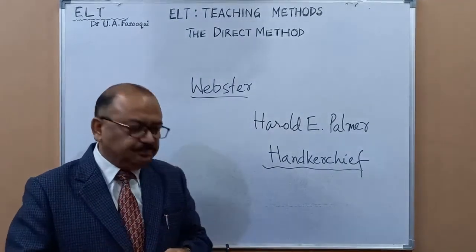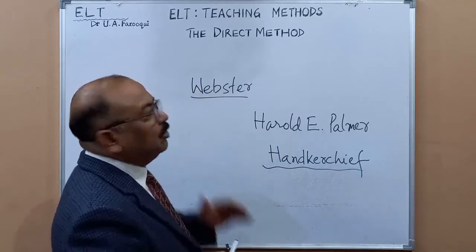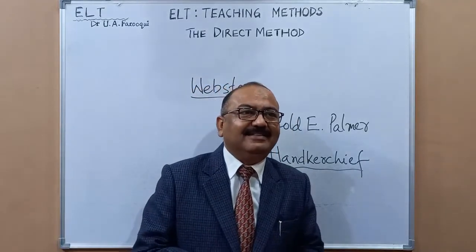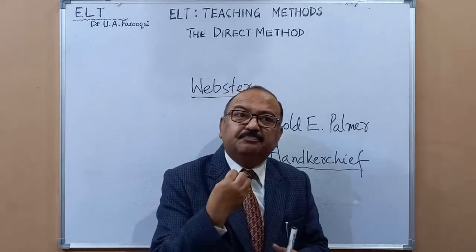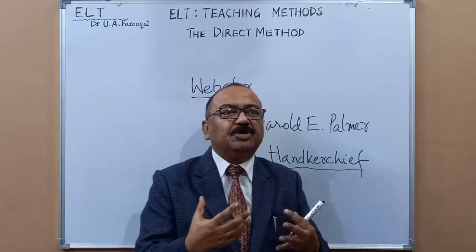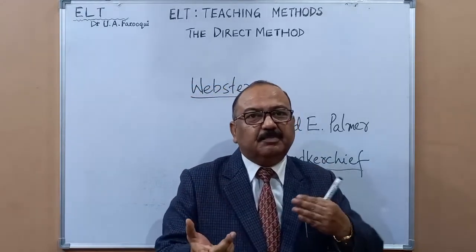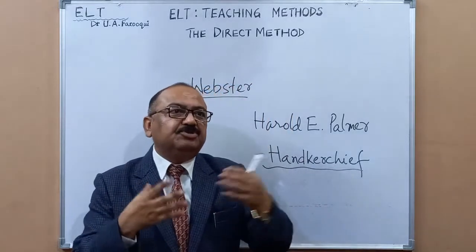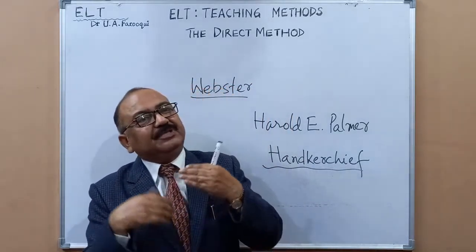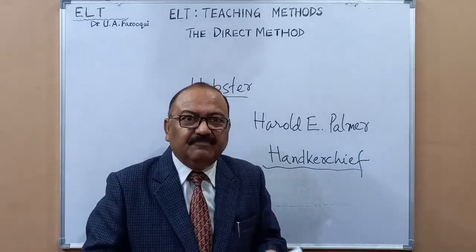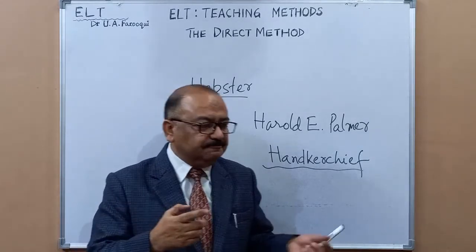Well, if we talk about the aim of the direct method, then the direct method aims at establishing a direct bond between thought and expression, which you do not see in the translation method. There is no bond between thought and expression there. Here there is a bond, and there is a bond between experience and language also. When I say a bond between thought and expression, what do you understand by this?